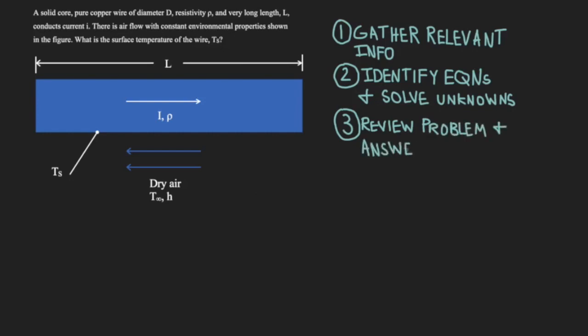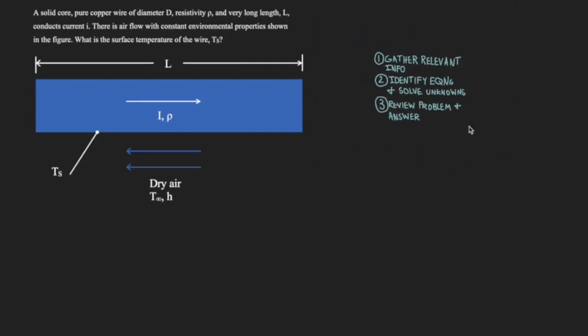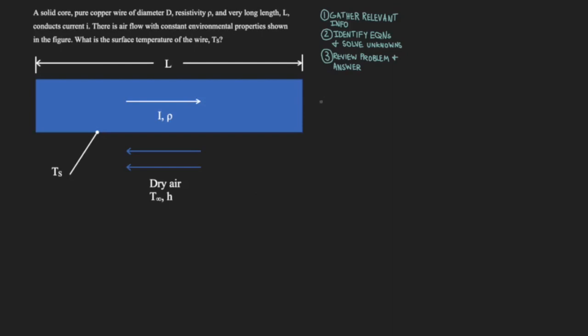Okay, now that we know our 3 steps, we can jump in with 1, gathering the relevant information. The problem tells us that the wire diameter is denoted by D, resistivity ρ, and our very long length L. There's also current denoted by I. These are the terms that we're going to use to find the internal energy generated in our copper wire.